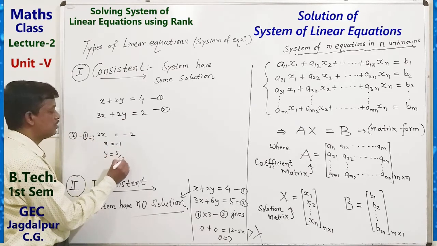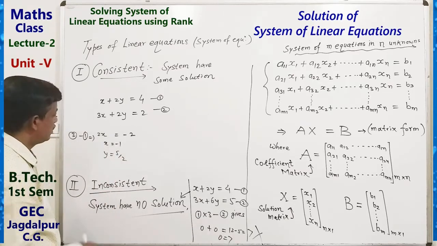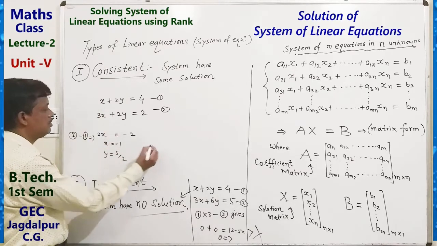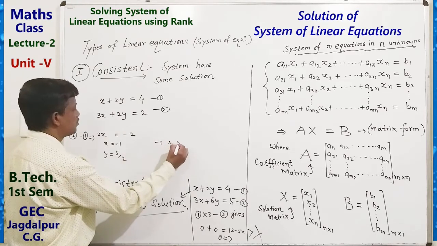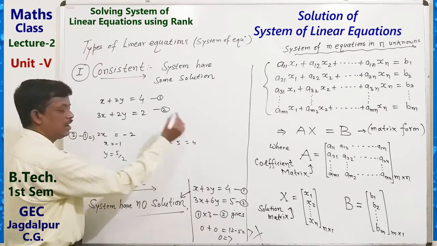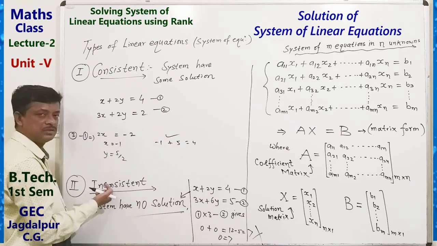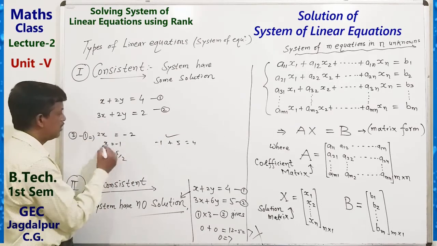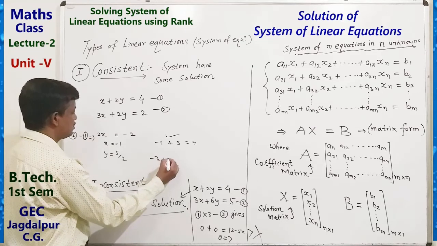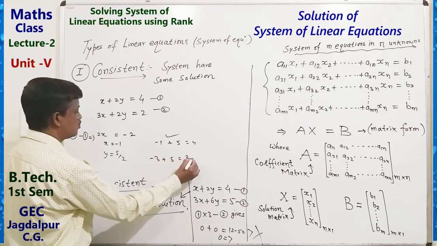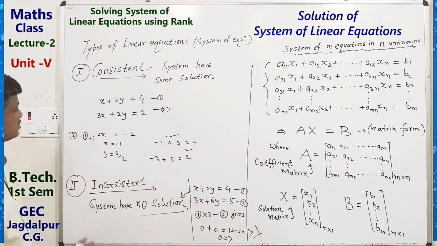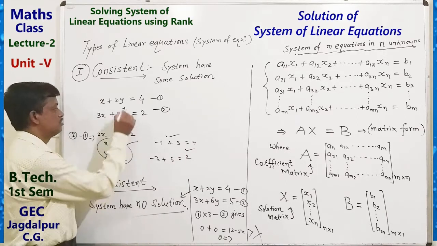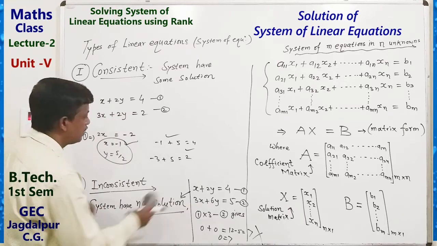Check: minus 1 plus 2 into 5 by 2 means 4, right? Similarly, 3 into minus 1 plus 5 equals to 2, right? So this is a unique solution.